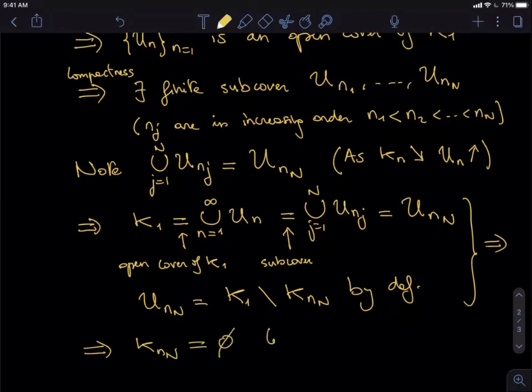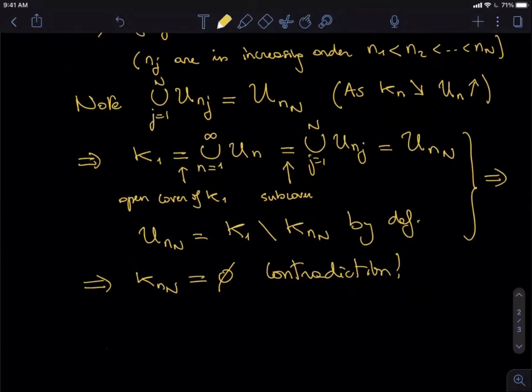And this is a contradiction, because we were assuming that all the K_n were non-empty. And now we have used all the hypotheses. Notice, if you are trying to prove a theorem and you're not using some hypothesis, be careful. You may need to revise the argument, because there may be some tricky point that you are missing.